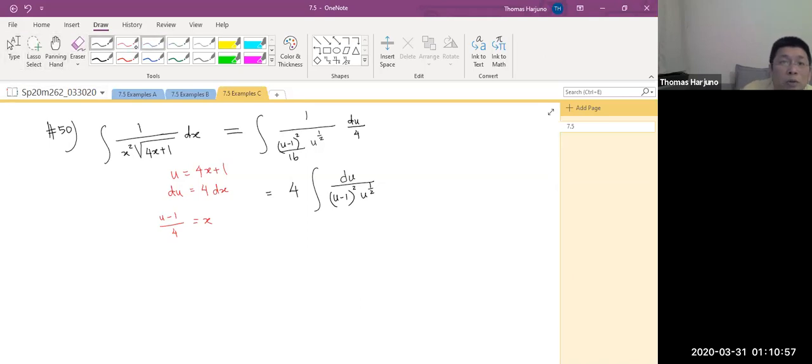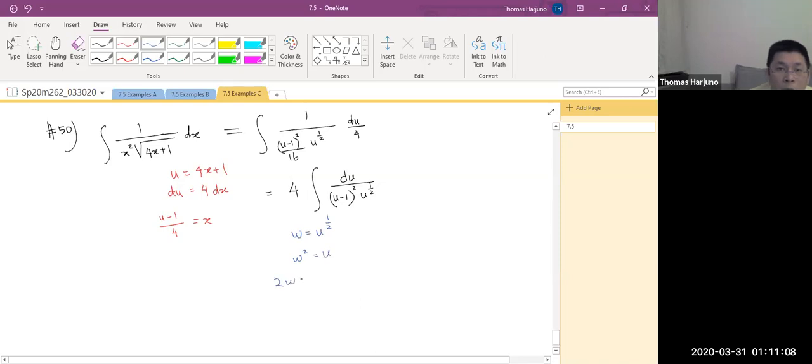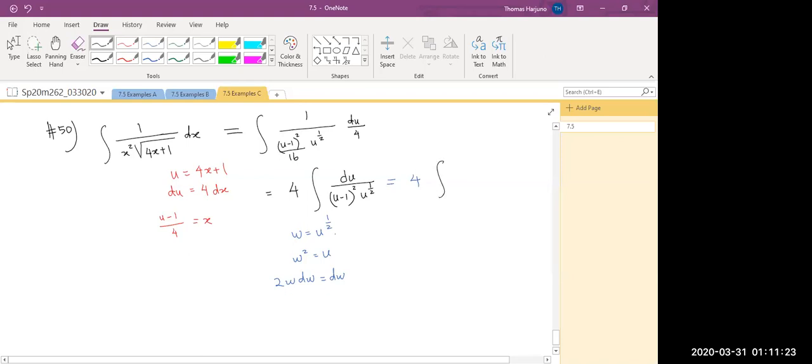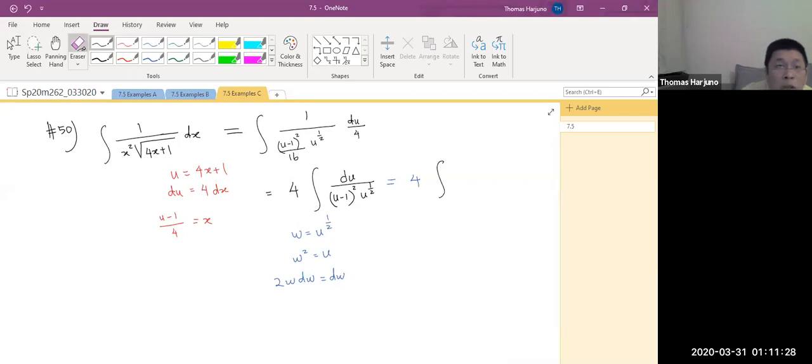I think we'll do the following. Let me say that w equals u to the power of 1 half. So w squared equals u, and 2w dw is du. I say du, but I wrote dw, sorry.